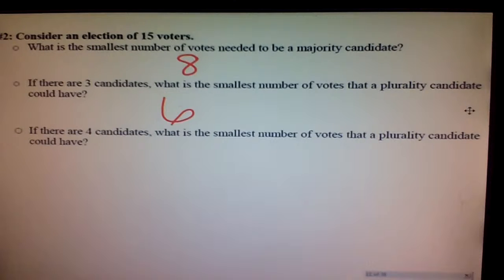If I share amongst 4 people, you're not getting a whole number. You're only getting 3.75, which means I need 4. Remember, you cannot give 0.75 of a person. Because they would be dead.